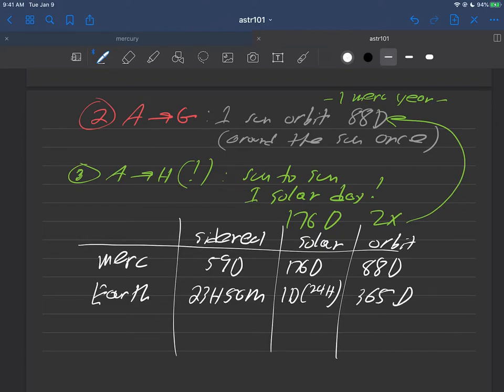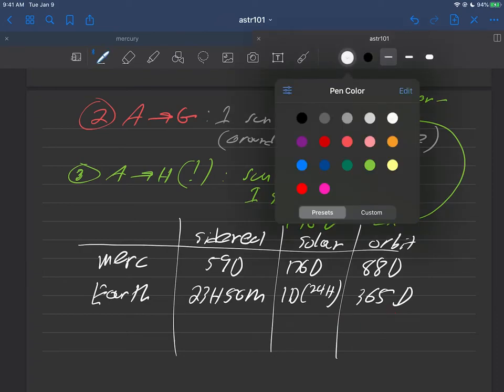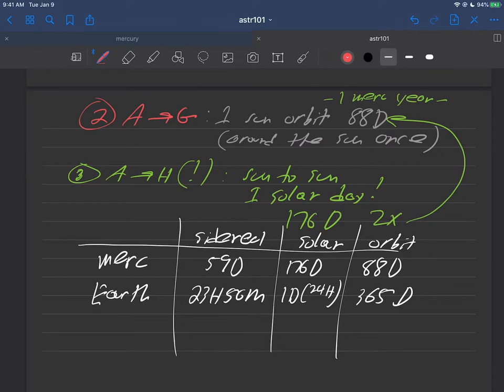So I think this brings out a little bit of something to consider here about Mercury. It takes us on Earth 365 days to go around the sun one time. On Mercury, it only takes 88 days for that to happen. Exclamation point. Mercury is absolutely whizzing around the sun very fast. And that might make sense to you because it's very close to the sun.